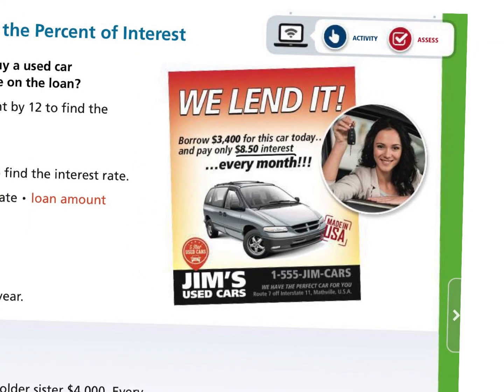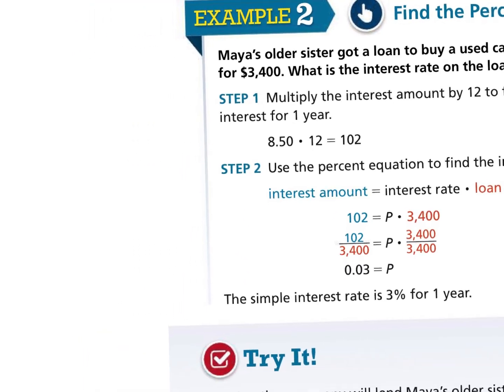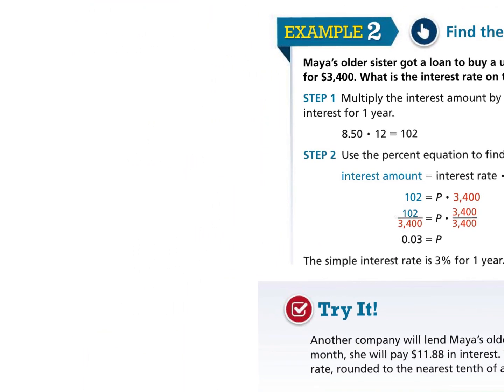They told us in the problem that it was $3,400. And we're going to assume, they should have told us this, but it said $8.50 interest, we're going to assume that that's for 1 year. Okay, they should have told us that for sure, but anyway.